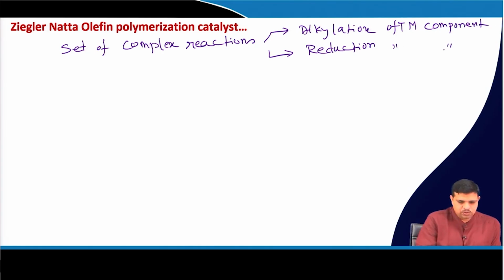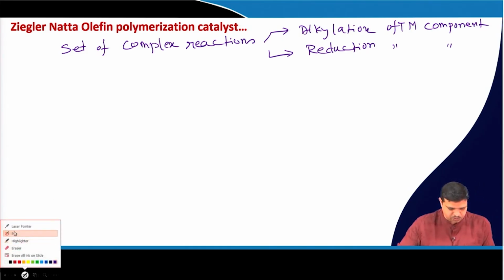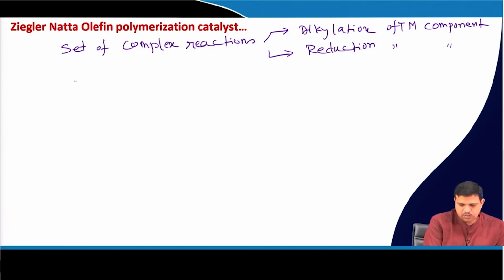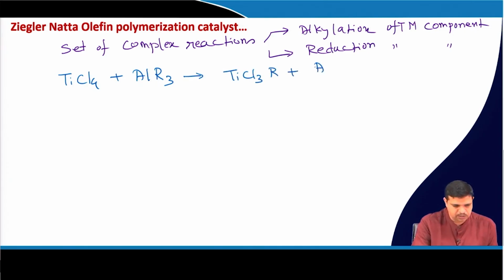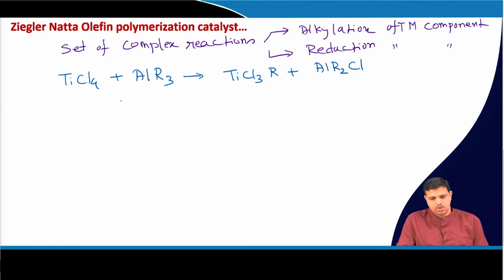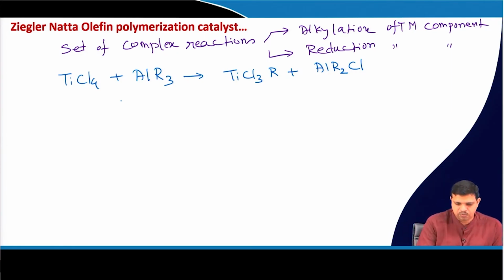Okay. So, let us see what are the possible reactions when you are charging the TiCl4 with trialkyl aluminum. So, TiCl3R plus AlR2Cl. So, it is basically exchanging one chloride with the R of the aluminum.